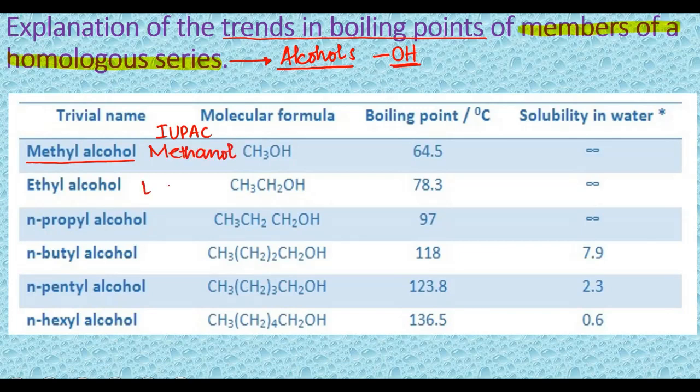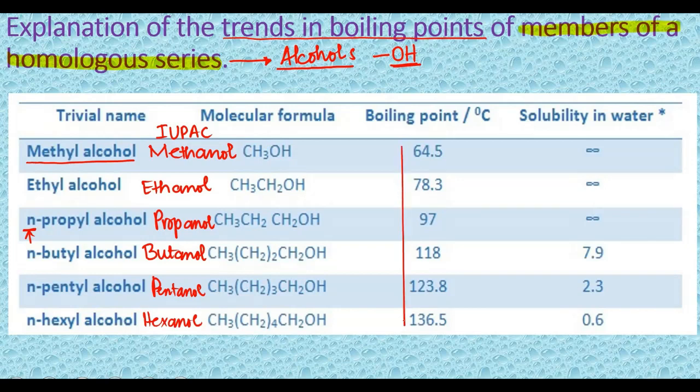Similarly, ethyl alcohol's IUPAC name is ethanol. Similarly, n-propanol, where n stands for normal, means a straight chain compound, which is a primary alcohol, which we will talk about later. Similarly, we have butanol, pentanol, and hexanol.